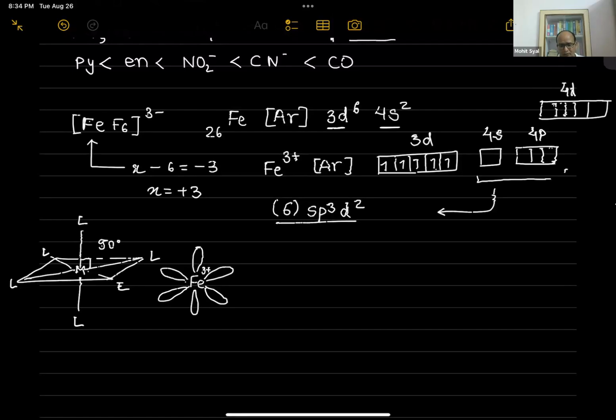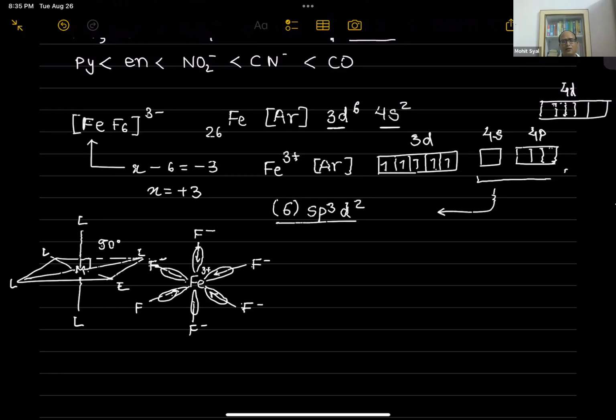So now these 6 hybrid atomic orbitals will accept the lone pair from F minus. Is it clear or not?